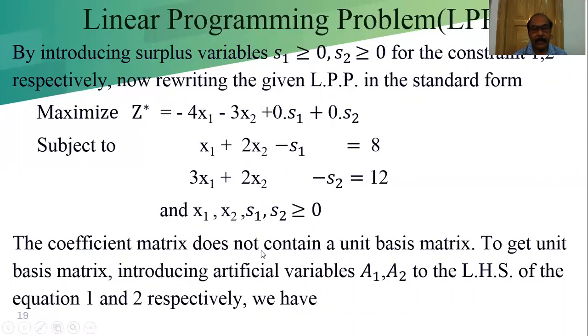The coefficient matrix does not contain a unit basis matrix. To get it, we introduce the artificial variables a1 and a2 on the left hand side of constraints 1 and 2 respectively. Then we get the new form of the given LPP.